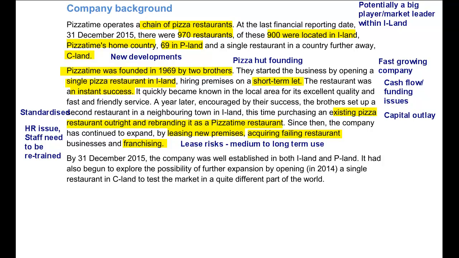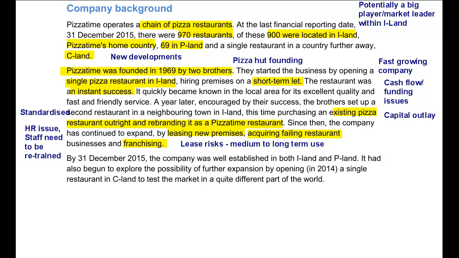So an effective setup has to be in place to ensure that franchised companies are in keeping with the operations of Pizzatime. On the other hand, though, franchising is a great way to expand the company quickly, because you sit back, take in some income from the companies that you franchised out to, and you don't have to put all the effort into setting up and running the restaurant yourself.